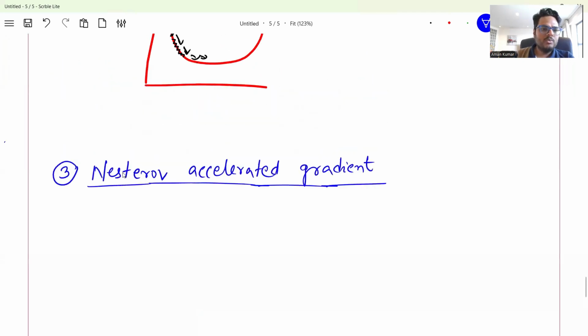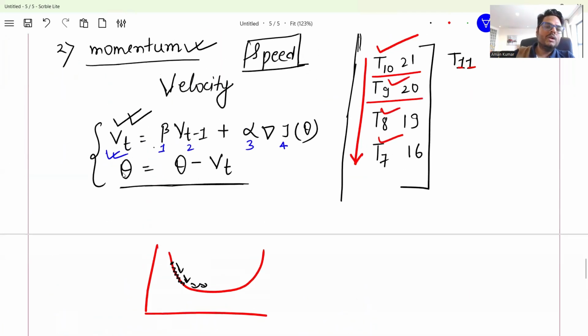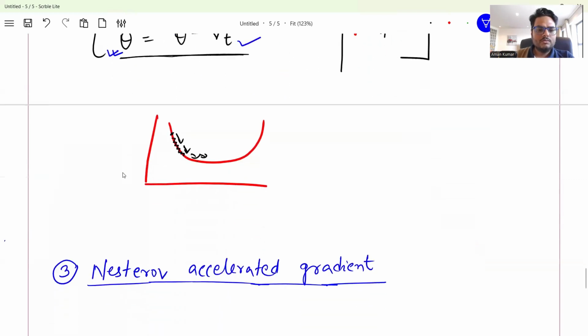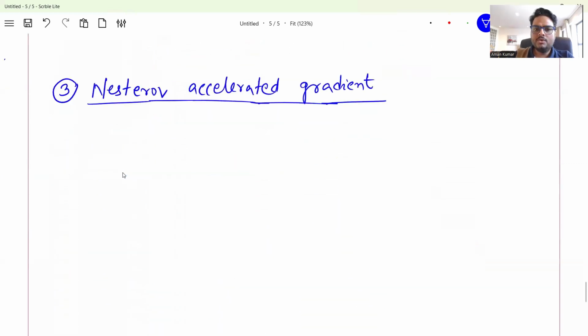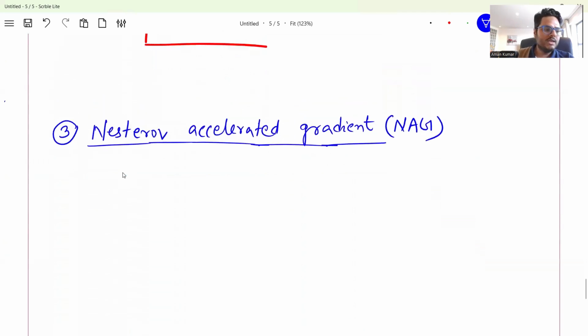If you see the momentum formula here, we take a velocity and adjust the weight based on the velocity. What we will do in NAG, as it is called, is simply update this to something known as a look-ahead weight. Okay, so what happens in momentum is that two things get applied.